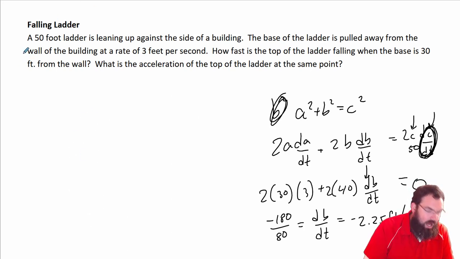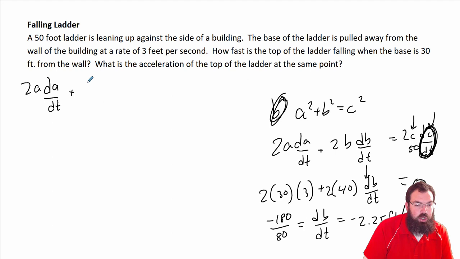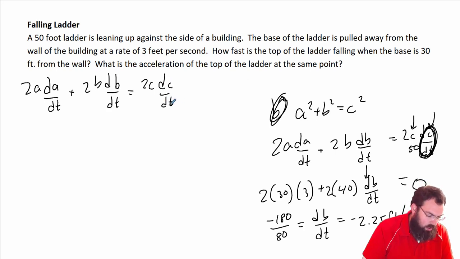Again, I have 2a dA/dt plus 2b dB/dt equals 2c dC/dt. What else do I know? I'm going to divide everything by 2 because everything's got a 2 there, so I can do that.